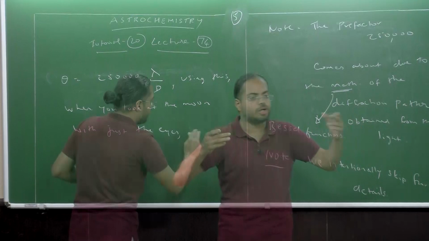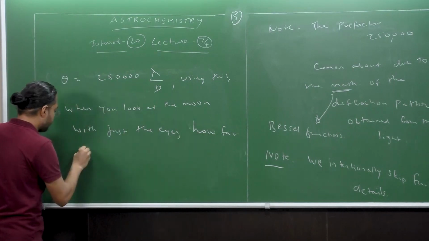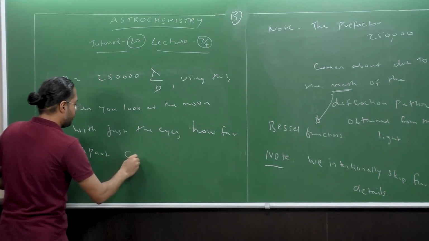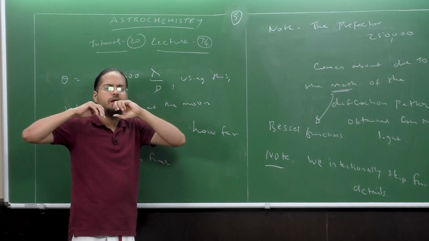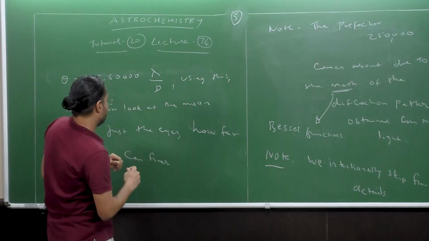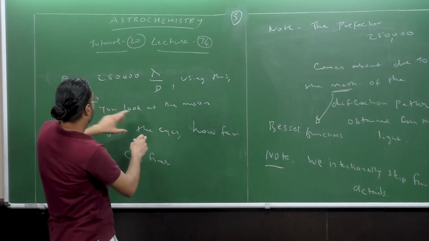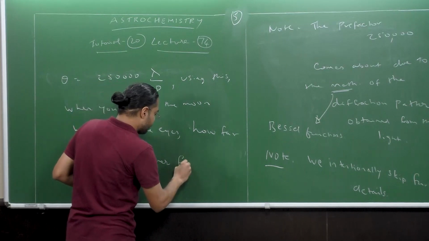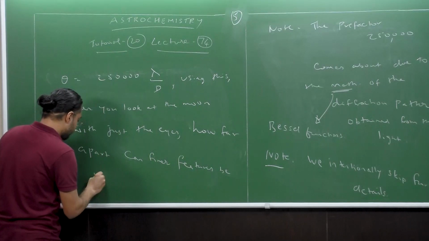How far apart can we, let's say, find structures in the moon, okay, right? So you have this formula. Using this, when you look at the moon with just the eyes, how far apart can finer features be resolved?